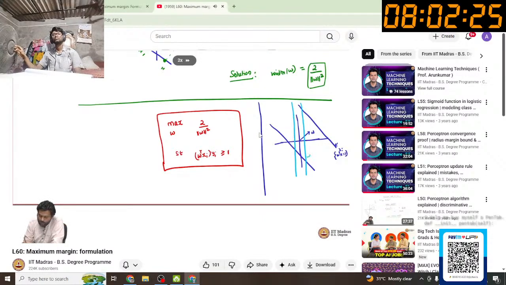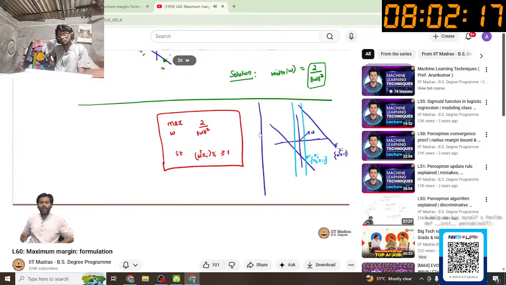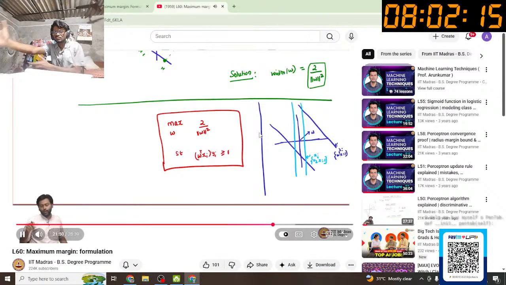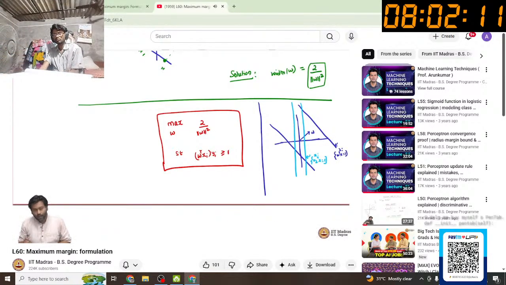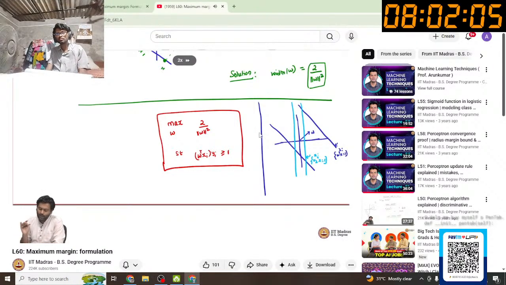Now this guy is W2 transpose X equals 1, the set of all X for a W2, right? Now because the difference is small, what should happen? So now we can ask the question, how should the length of the W that induced this be, because this line has to have the equation W2 transpose X equals 1. What we are saying is that the length should be inversely proportional to the width, which means that if this width is small, well, why is this width small? Because the length of the W that produced this is actually large. Why is the length of the W that produced it large?